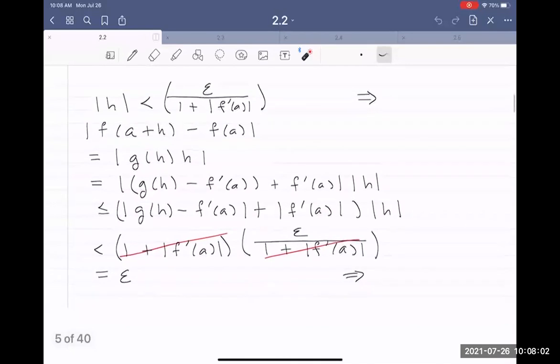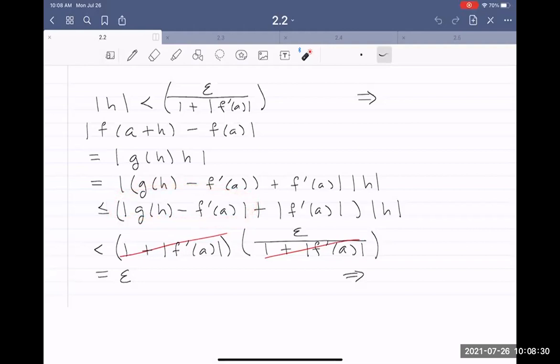By the triangle inequality, I can just take the absolute values of each of these. And so this is less than or equal to the absolute value of g of h minus f prime at a plus the absolute value of f prime at a, all times the absolute value of h.